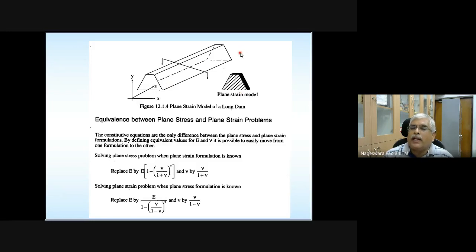Strain in the out of plane direction is zero, meaning normal strain in the out of plane direction is zero, or shear strain in the out of plane direction is zero. But it doesn't mean stress is zero. Stress in the out of plane direction need not be zero. That you need to keep in mind.